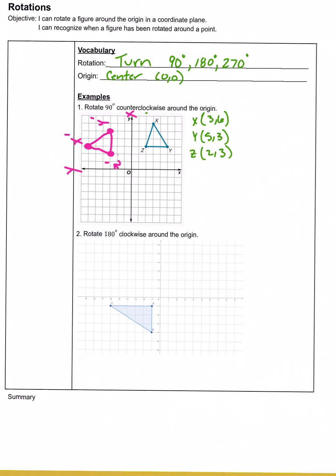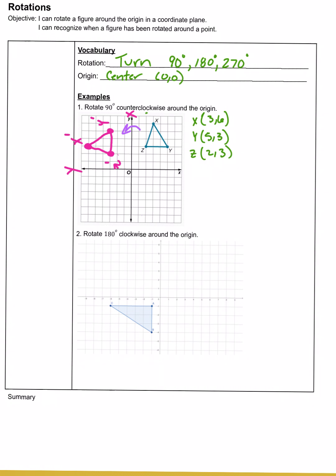And then if I look at it now, my writing is sideways, but this pink triangle, my image, is now 90 degrees counterclockwise from where we started with our pre-image. So we're just shifting all our numbers over.